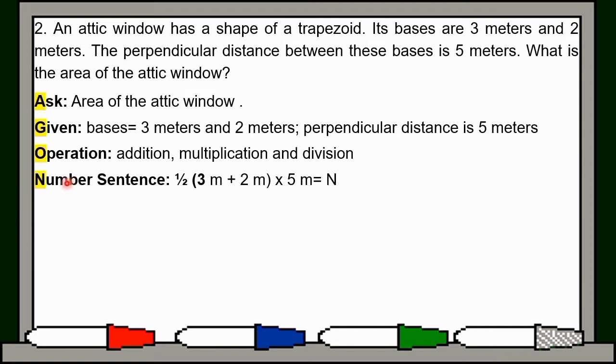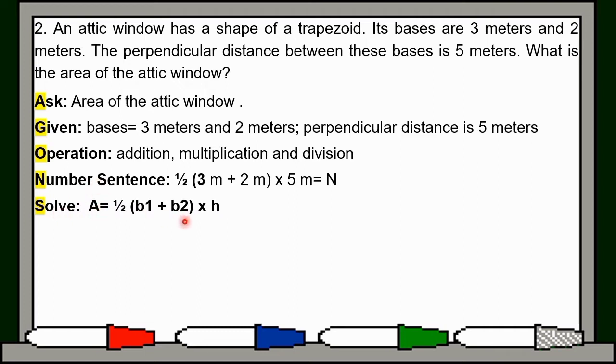And letter N, what is our number sentence? Because we are looking for the area of a trapezoid, our number sentence is 1/2 (3m plus 2m) times 5m is equal to n. And for letter S, solve.